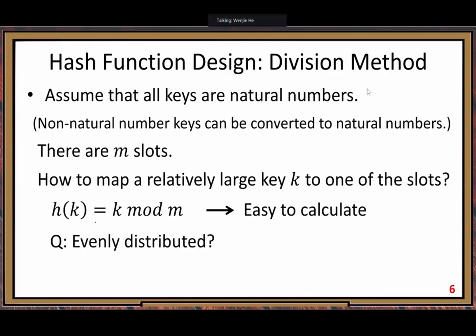As for even distribution, in this aspect its performance may not be very good. It may not be robust, because for some special patterns it does not perform well.